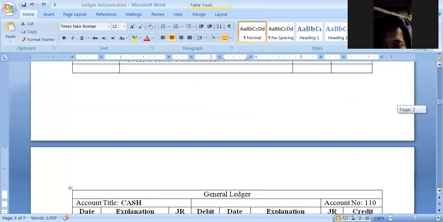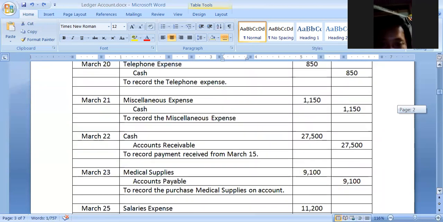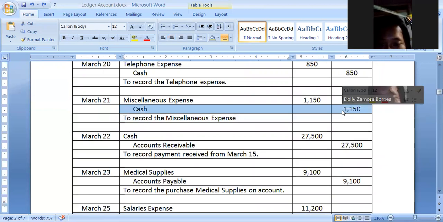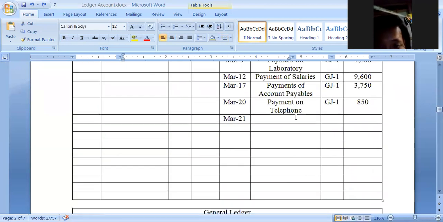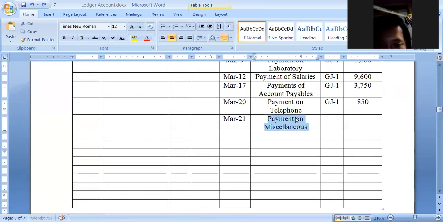March 21. Let's go back to journal entry. Our cash here is credited, which is 1,150. To record the miscellaneous expense, let's go back to ledger account. The payment on miscellaneous. General journal, page 1. 1,150 is credited.